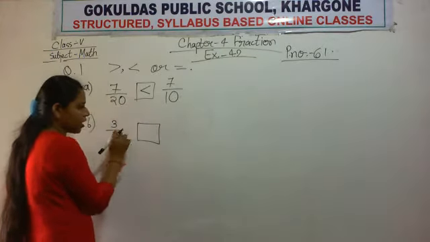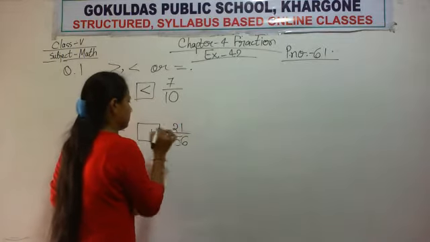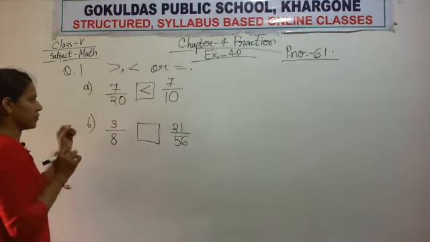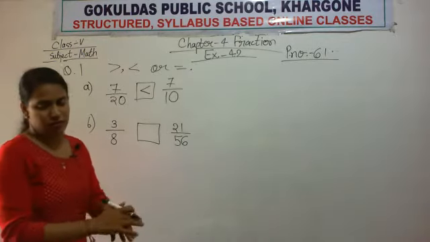Now next, 3 upon 8 and 21 upon 56. Are these equal, greater or lesser?